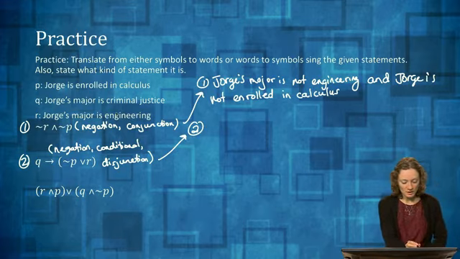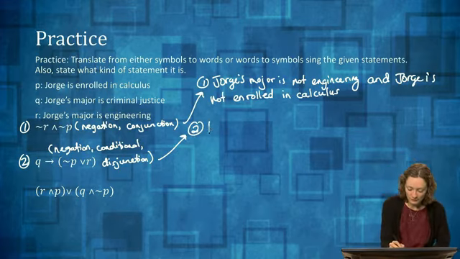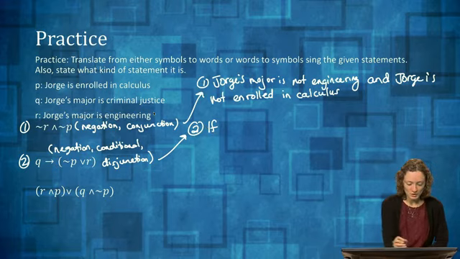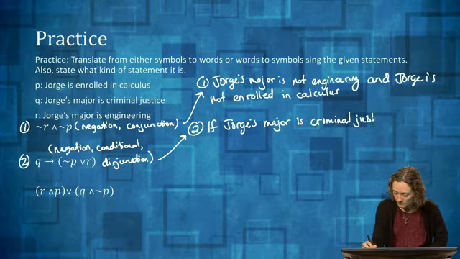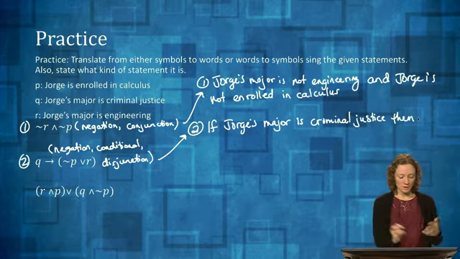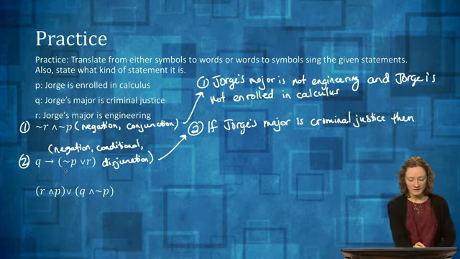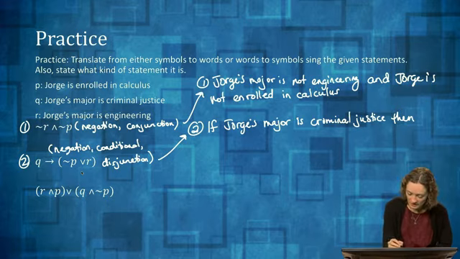Statement Q, this is a conditional, so if statement Q, George's major is criminal justice, then, what's the second piece? Then, negation P or R. Negation P, George is not enrolled in calculus.